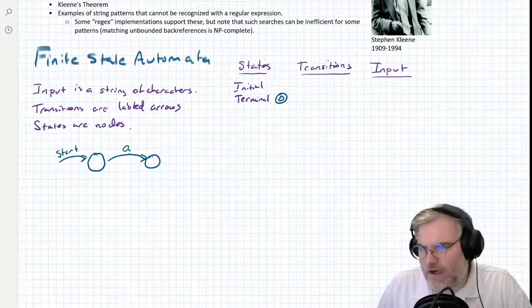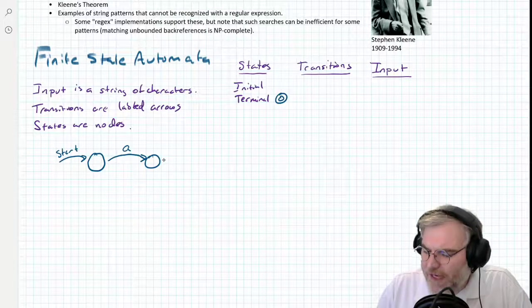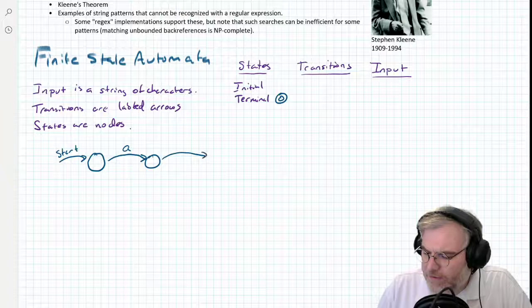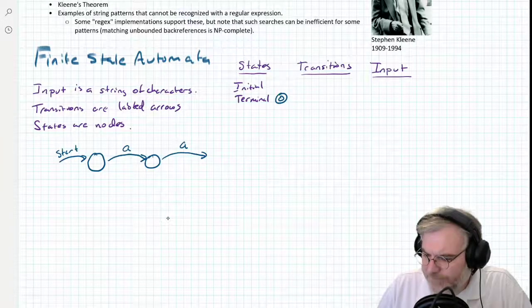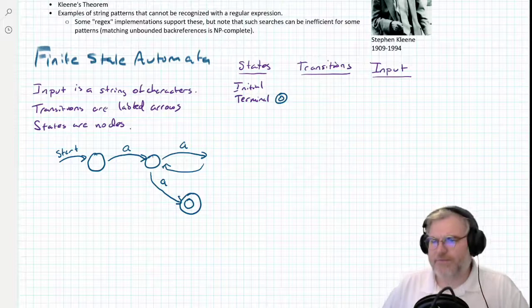Otherwise, it gets an error. Okay? So if I have here the letter A, and the letter B, what I'm going to do is say, if I'm followed by another A, I go to this state, and that's a terminal state.